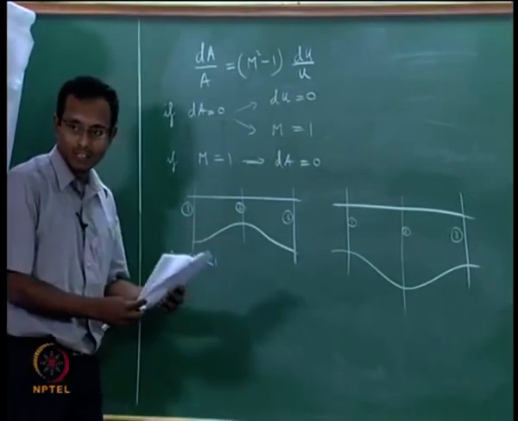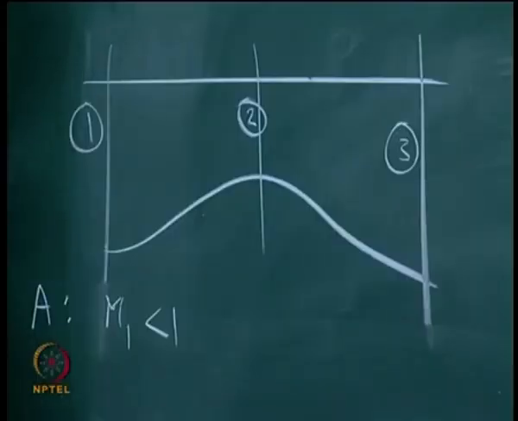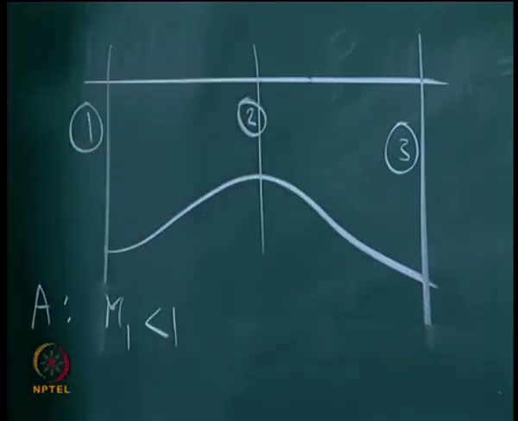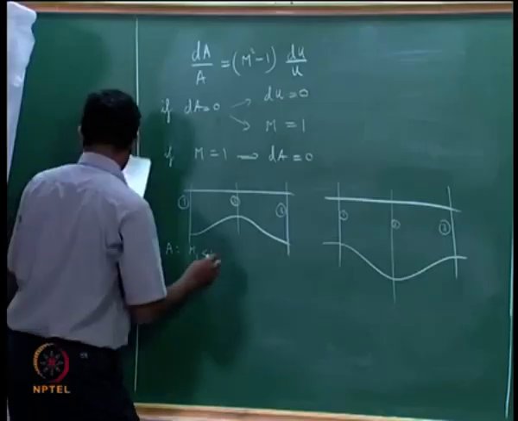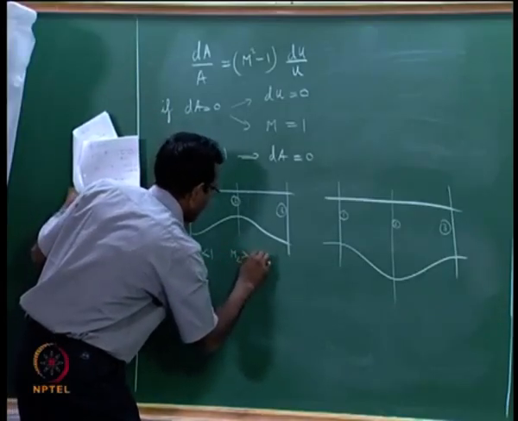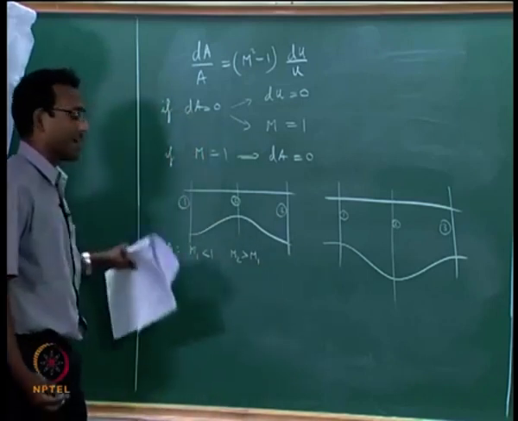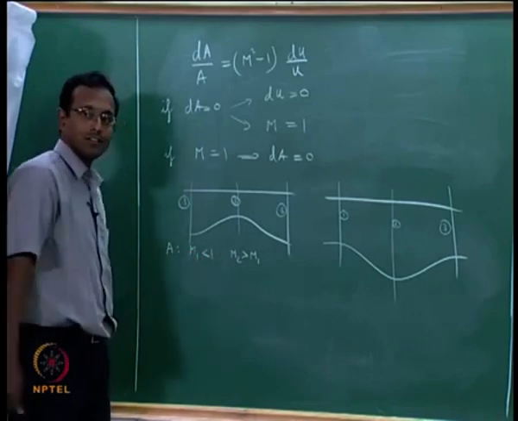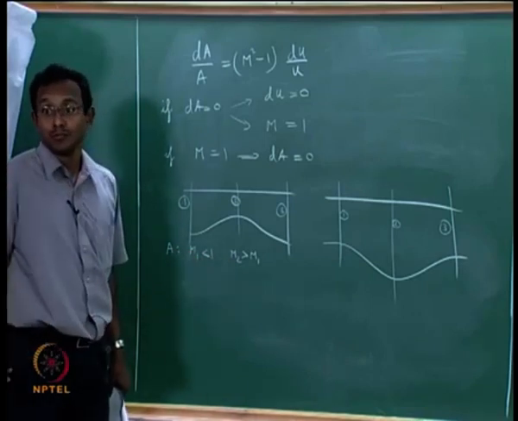M2 is more than M1 is all I can say really, because subsonic flow, we already wrote the table, subsonic flow, this will accelerate. So, I can tell that M2 greater than M1. Now, what all can happen? Let us pick a case where M2 is greater than M1 and goes to Mach 1, let us assume.